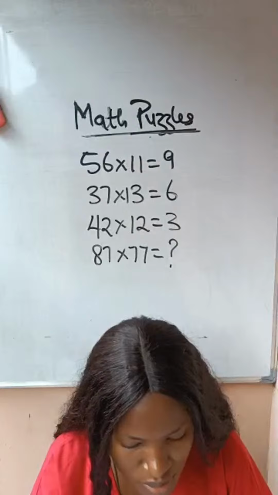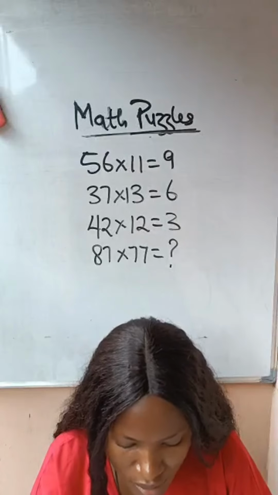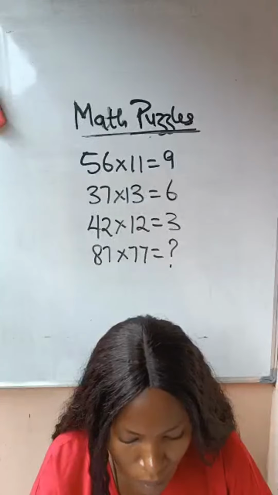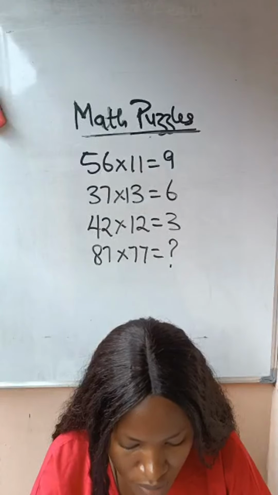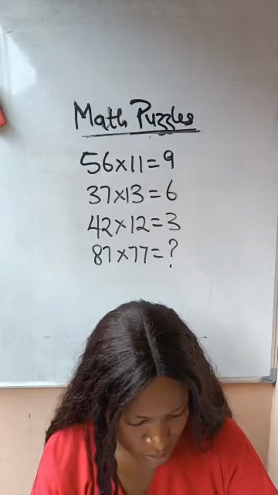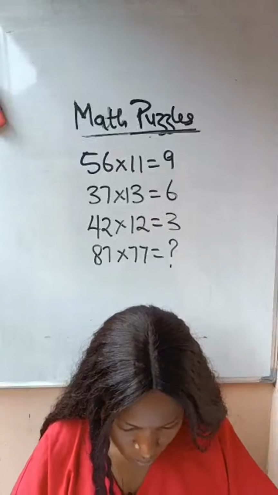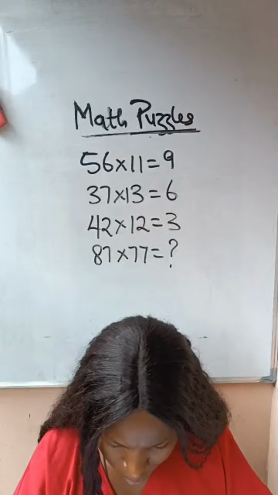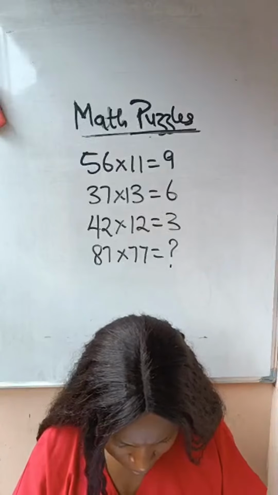So that is the question. 56 times 11 is 9. 37 times 13 is 6. 42 times 12 is 3. And 87 times 77 is what? So as usual, we go through that together and have the answer.